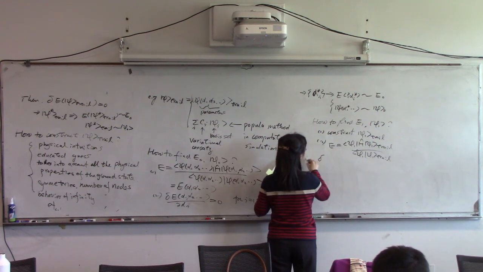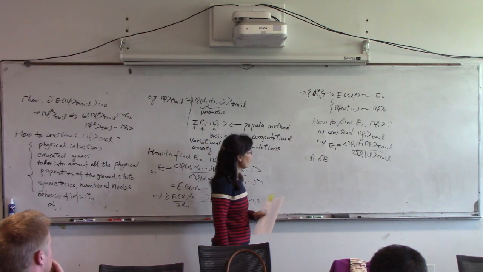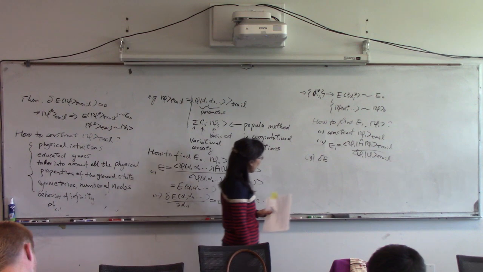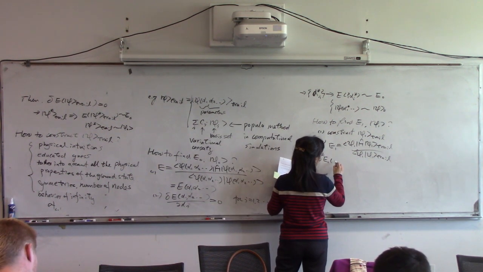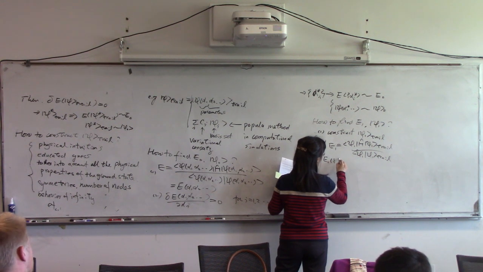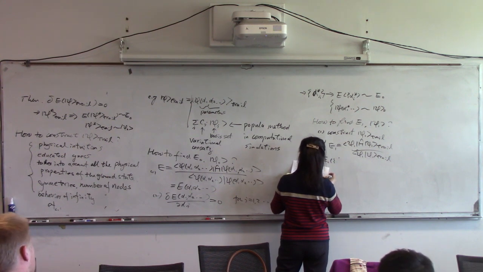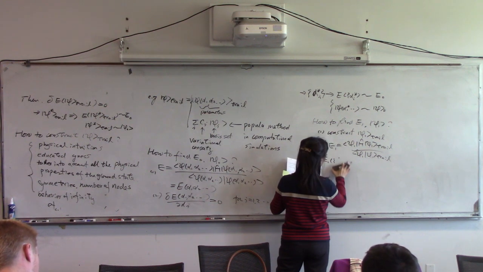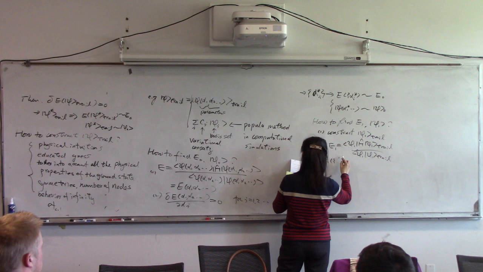Then you do number 3, you optimize. Now I'm going to use E1, since I want this energy to go to the first excited state. Optimize this one. I used some index too much.